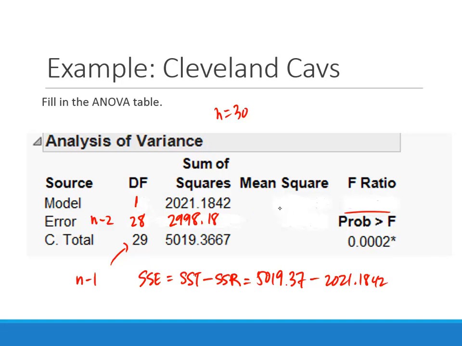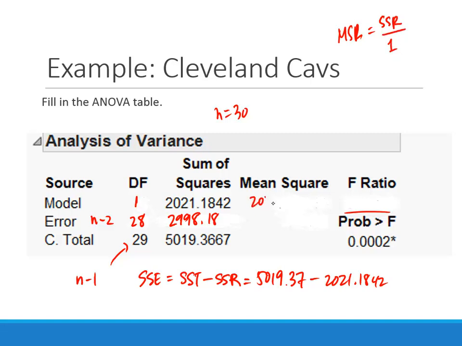Okay, so then what goes in the mean square column? What 2 numbers go there? I guess we have 2 numbers to fill in. So the mean square for regression. Yeah, so the mean square for regression equals the sum of squares for regression divided by its degrees of freedom.